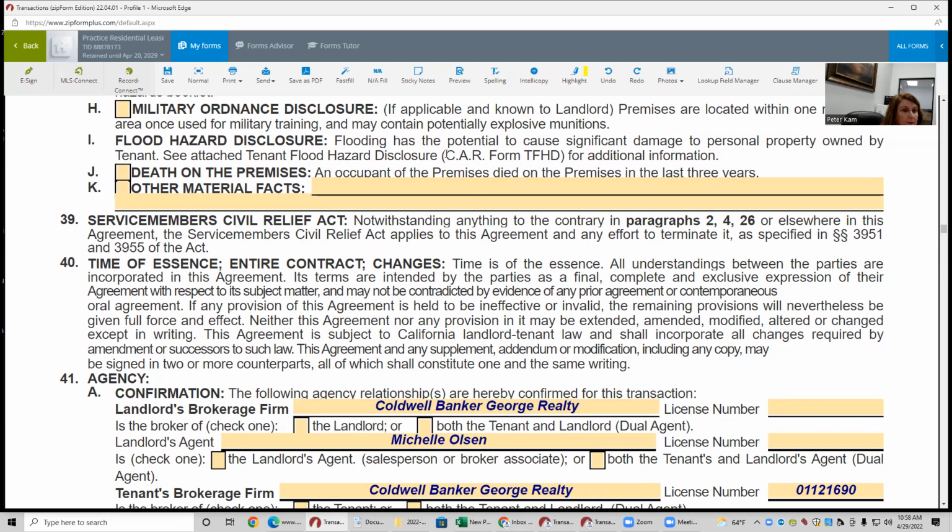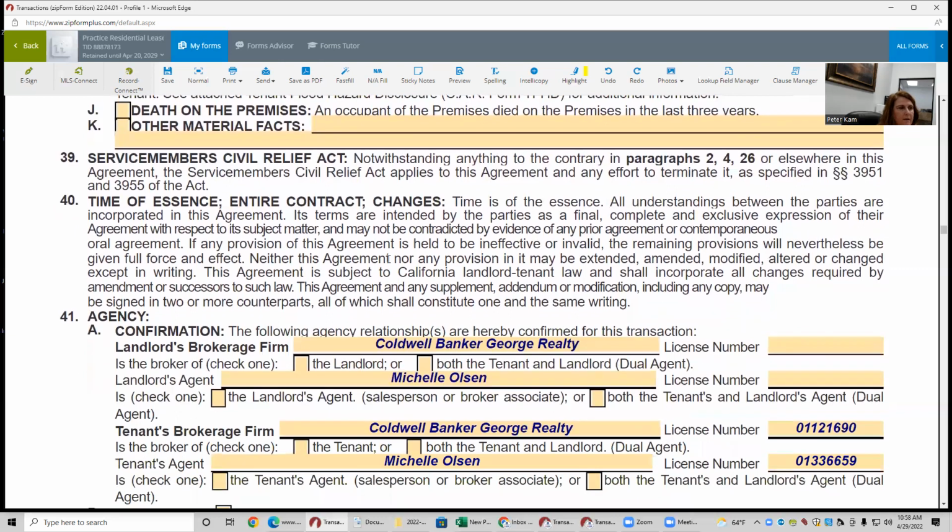Did an occupant of the premises die within the last 3 years? If so, please check the box. If the landlord has any other material facts to add, please check this box, okay? And have them tell you what to add here.